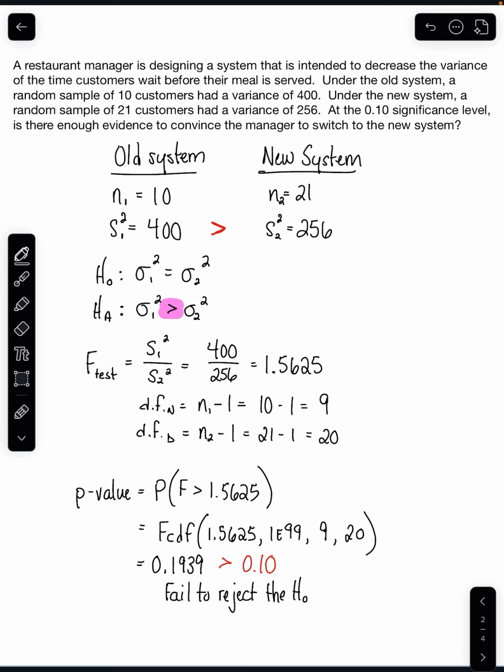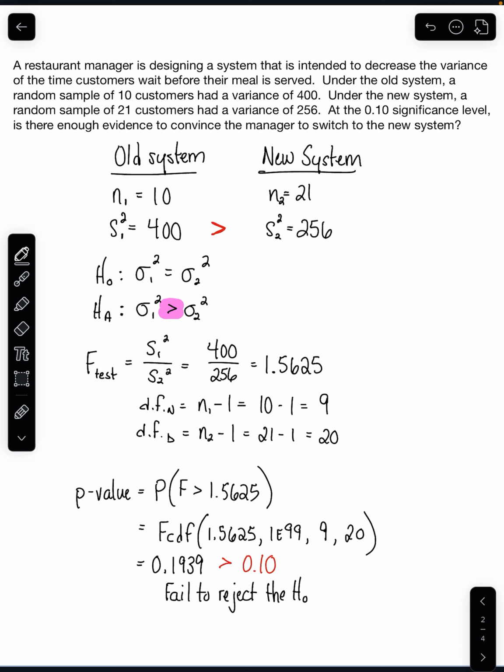What this tells us then is that, yes, we can see in the numbers that from the samples, this new system did have a smaller variance. However, it also takes into account the size of the samples via the degrees of freedom.